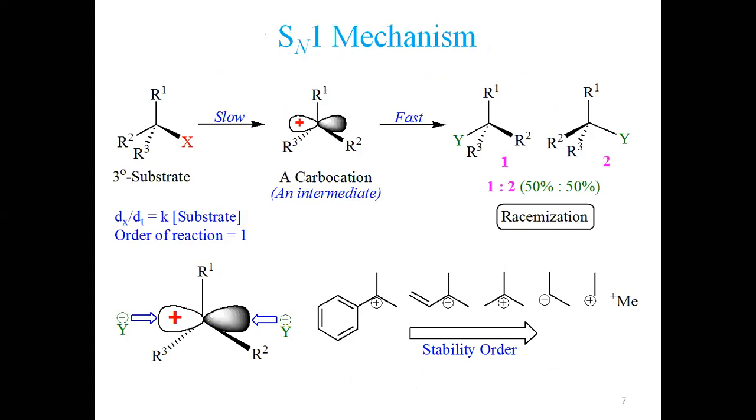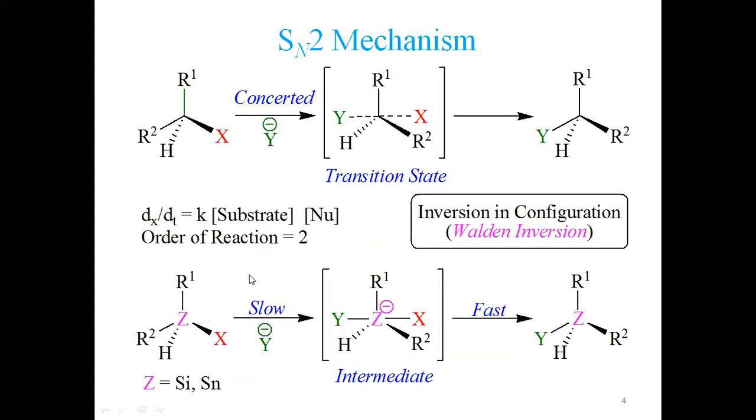The SN1 mechanism is very simply presented in this slide. If I present this substrate, let's say we have only one alkyl group and R2 is hydrogen, then it is called a primary carbon.